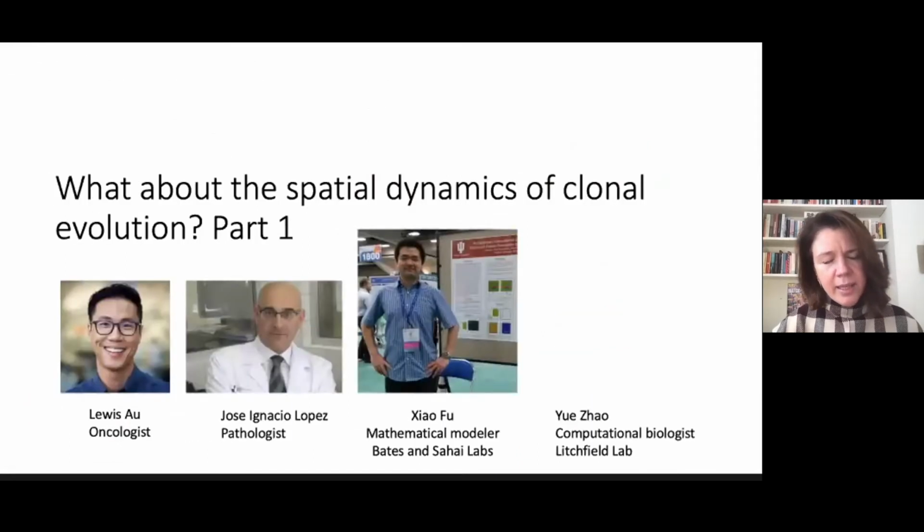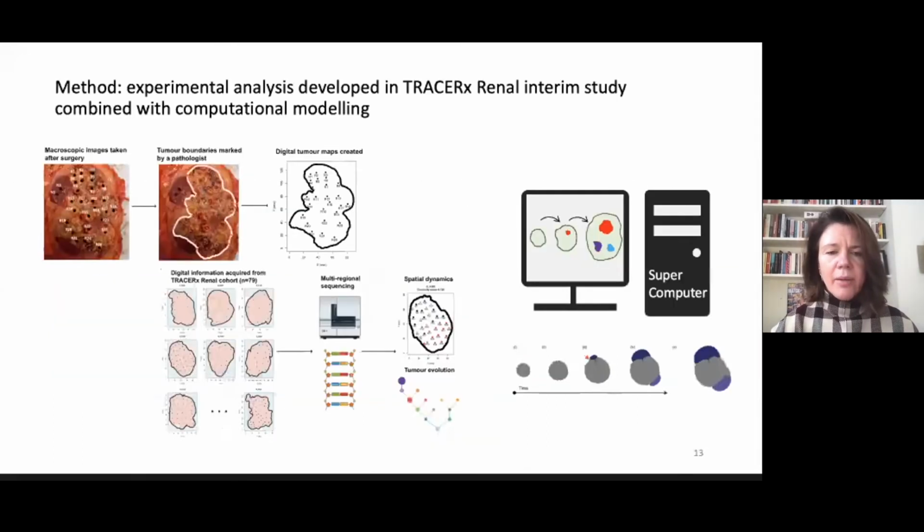But this is all ignoring what happens to clonal diversification and metastasis formation in the spatial context. And we took advantage of one of the unique aspects of our clinical cohorts, which is that these spatial sampling maps can be combined with molecular data to map the exact locations of individual clones. And that can reveal how genetically distinct subclones grow and evolve spatially at the primary tumor site.